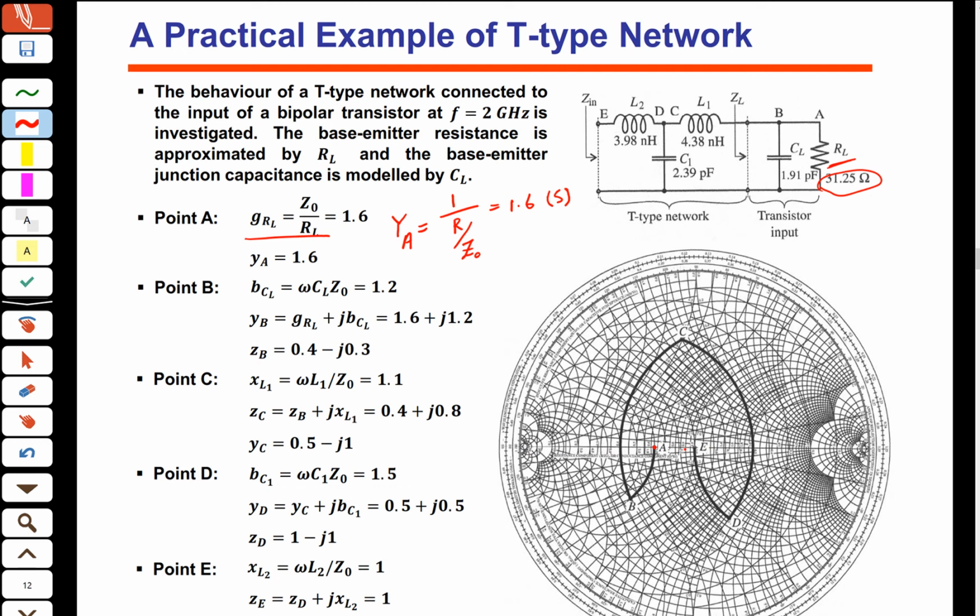So the value for A is exactly at 1.6, which is here.